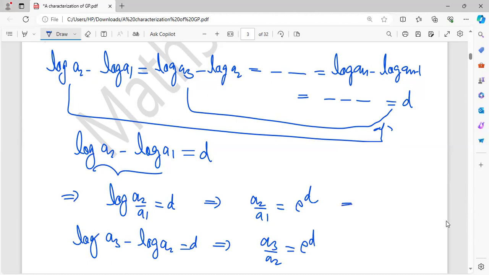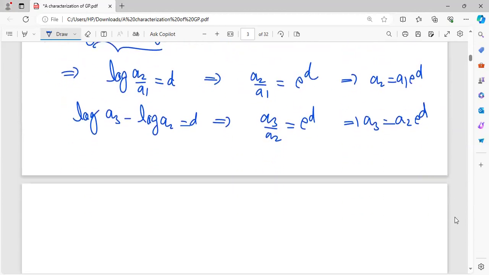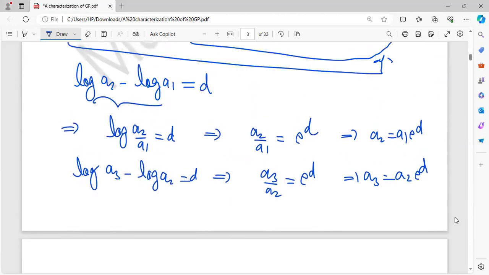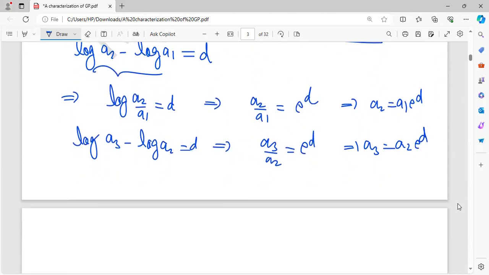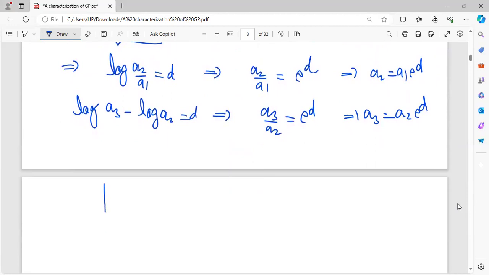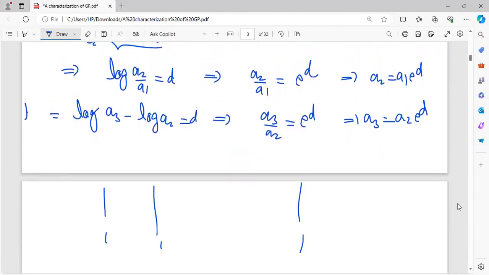So after solving it, you will get a2 is equal to a1 e to the power d, a3 is equal to a2 e to the power d. And so on, continuing in this way, you will get an upon an minus 1 is equal to e to the power d.